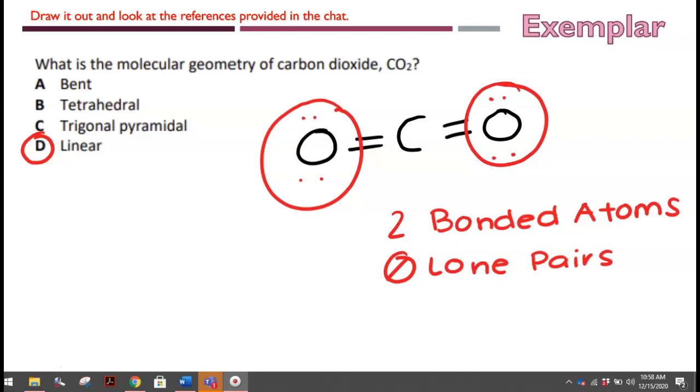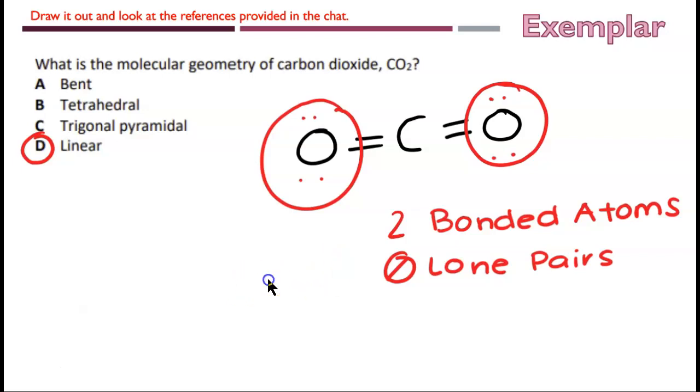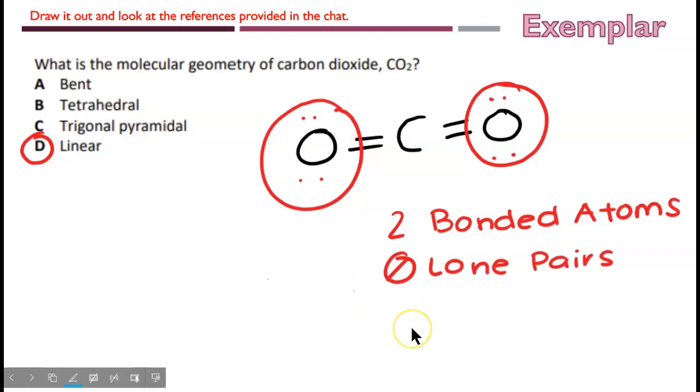That is how many atoms you have attached. So here in this example, we have 2 atoms attached, right? And there are 0 lone pairs left on the central atom. So that means we have a linear shape. That's where we get it from. Let's look at the next one.